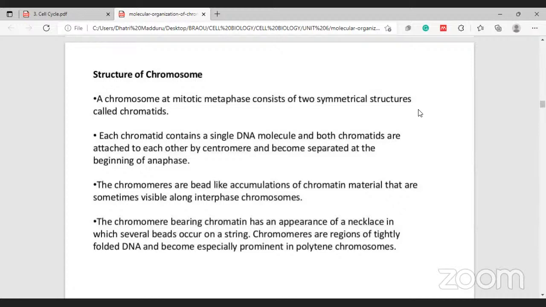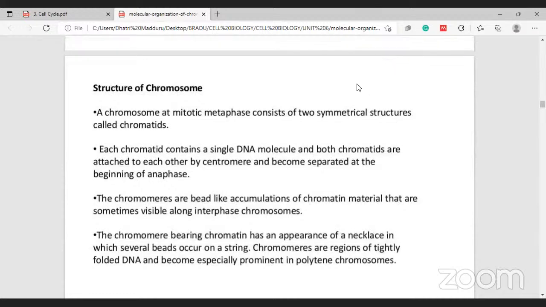And this chromomere bearing the chromatin has an appearance of a necklace. If you see a necklace, all the beads are arranged one after the other on a string. In the same way, we can see in a chromomere different nucleosomes.